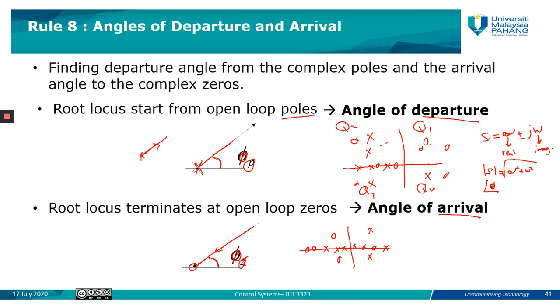In this case, if it's a pole, you need to find the departure angle. If it's a zero, you need to find the arrival angle. Usually, we calculate the arrival or departure angle with respect to the horizontal line, which is the real axis.